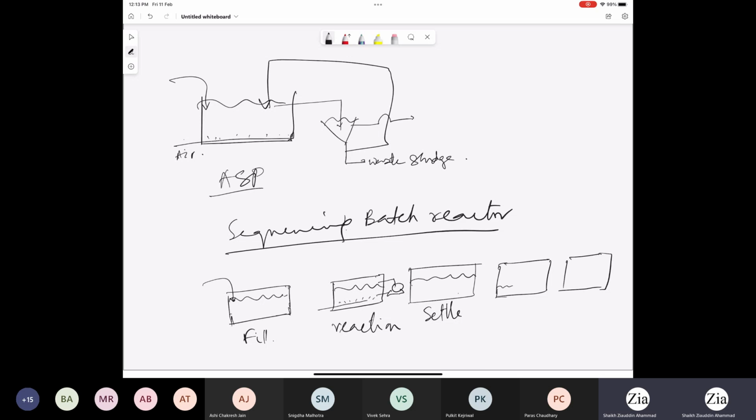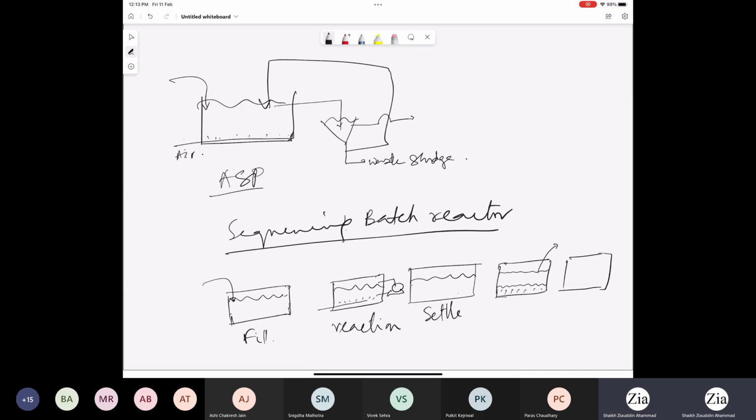After settling, the solid biomass will create a different layer, and from the top you will get the clear liquid having less biomass, and then you can do removal of the product.